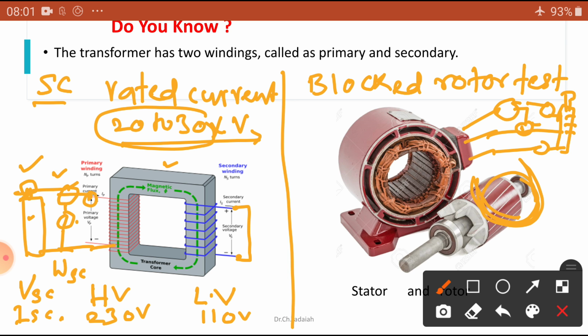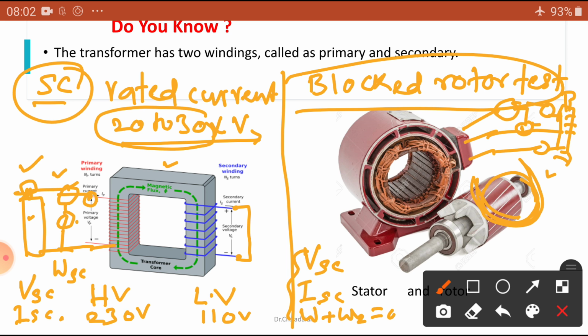At that condition, you take the voltmeter reading VSC, or we can take VBR for the blocked rotor test, short circuit test, and ISC and W1 plus W2 readings. After taking these readings, come to the 0 position with the help of the variac and open the ICTP switch. Okay. So, these are the similarities between the short circuit test and the blocked rotor test.